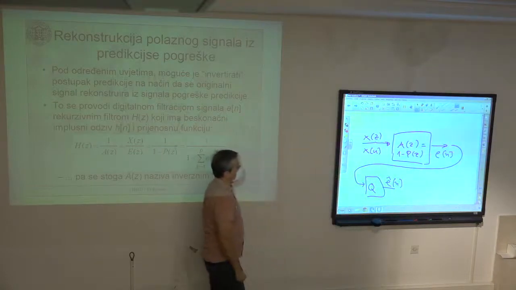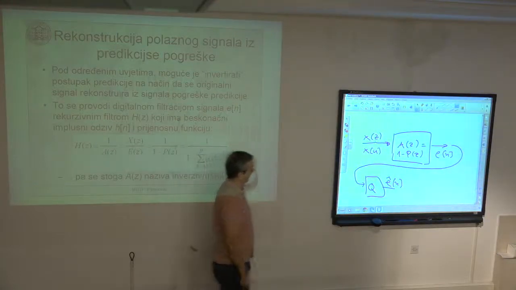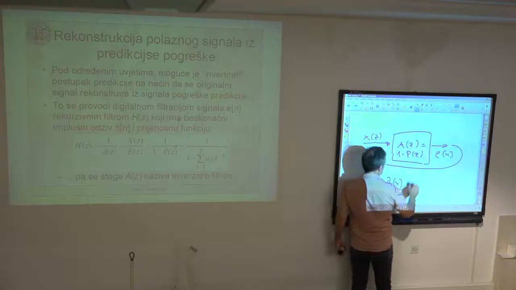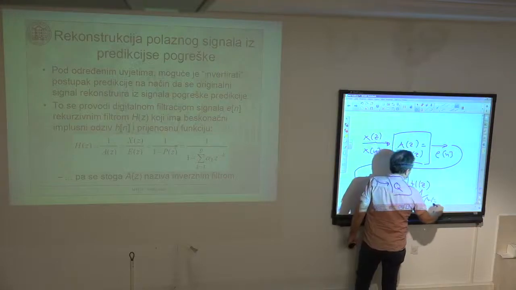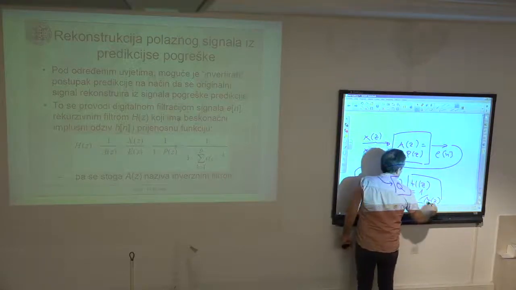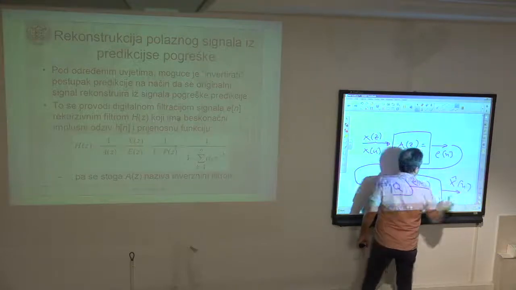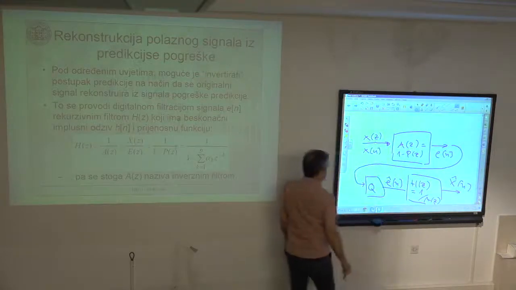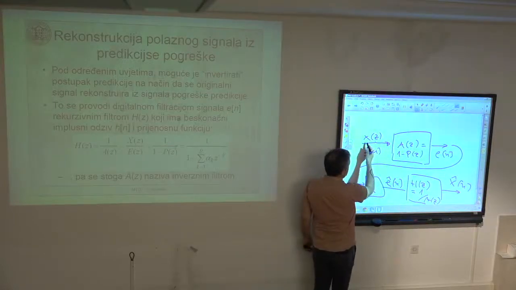And what I do, I simply pass it to the filter that is reciprocal, inverse to the A of z. So if I put here H of z, which is nothing else but 1 over A of z, I have here X hat of n, some approximation of the original signal that is, of course, not equal to the original signal.